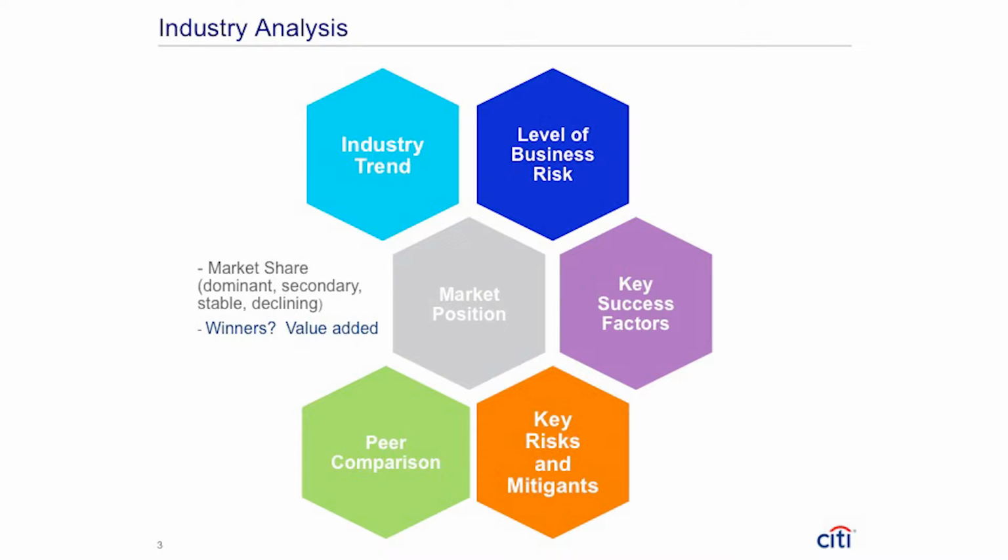Naturally, the traditional industries, they are very mature. We don't see a lot of upside, but very stable or even declining. So first of all, we have to look at the industry, whether it is on an uptrend or stable or declining. Then we also look at the level of business risk, because in different industries, there are different business risks.